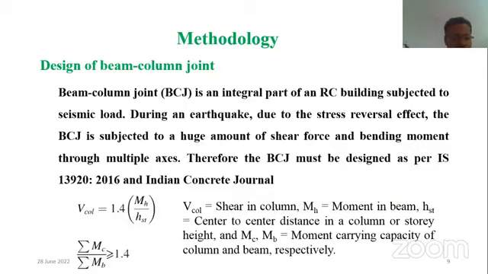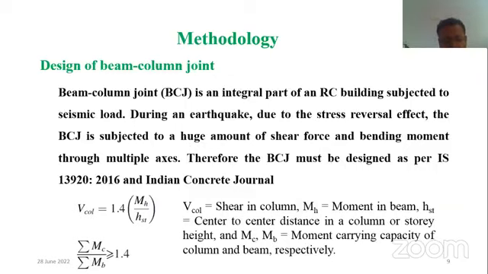In this equation, we can see the shear in column is equal to 1.4 times the moment in beam divided by the center to center distance in the column. These two code provisions are most important.